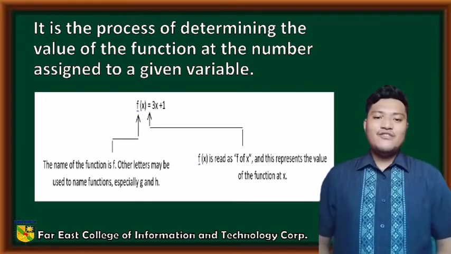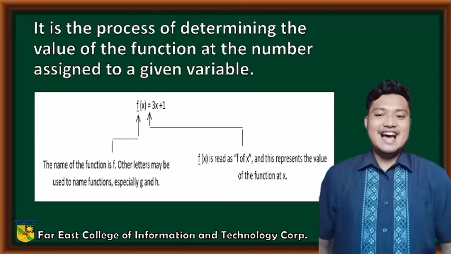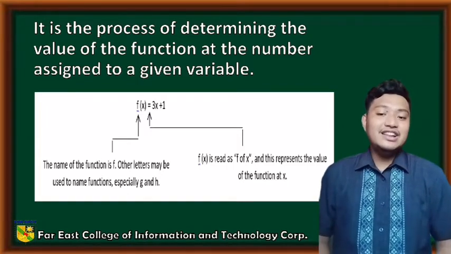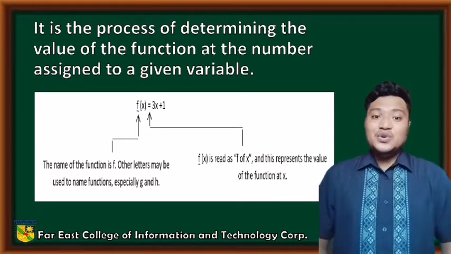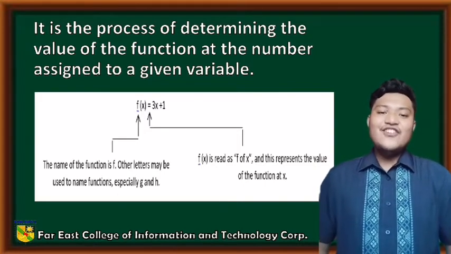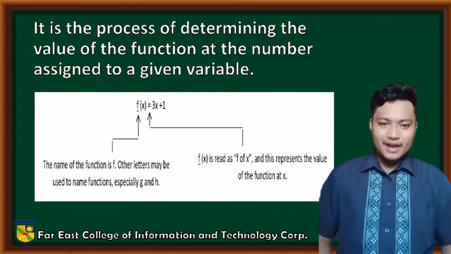The f open parenthesis x close parenthesis is read as f of x, and this represents the value of the function at x. So you can read the equation as f of x is equal to 3x plus 1.